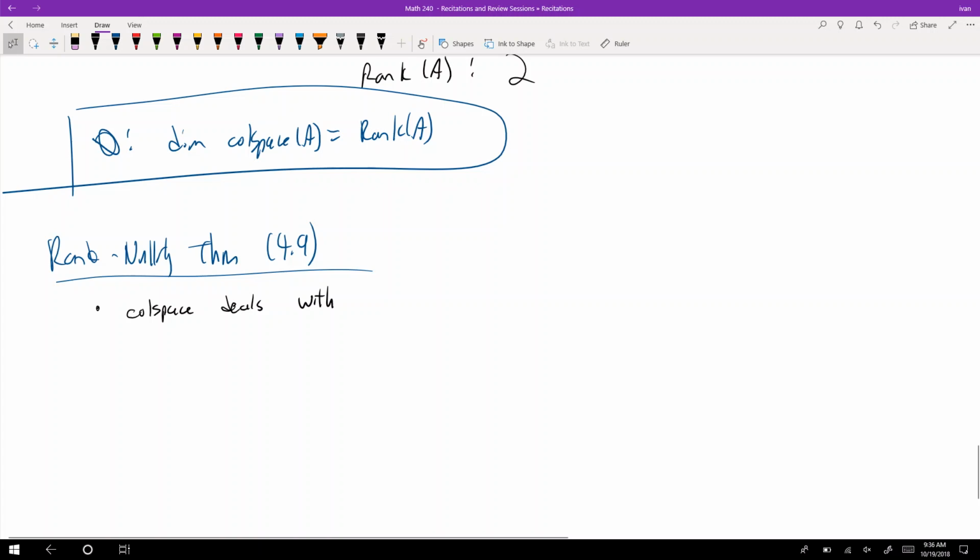So the column space really doesn't care about the x's, right? We care about the A, right? Because that's how we find our column space, but we also care about the b's, right? So column space deals with the b's.